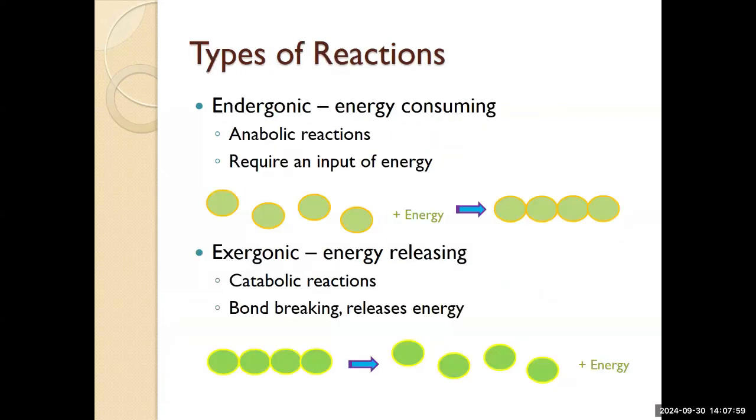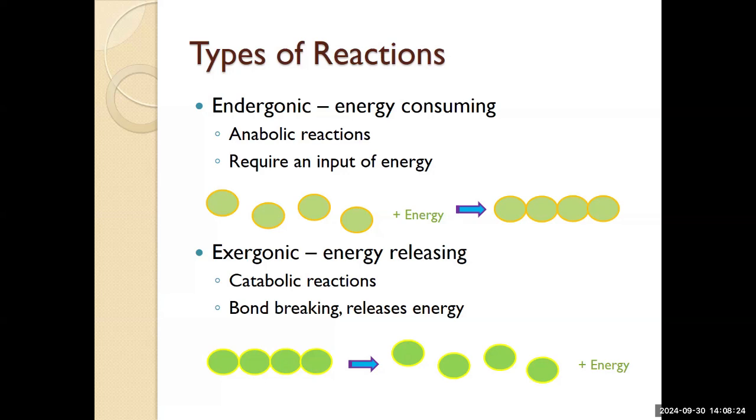But as we are just starting out, our big focus will be on classifying reactions as those that give off energy or consume energy. And so we've already mentioned the terms anabolic and catabolic, but now we're tying them to energy. Endergonic reactions, think endo, within, are energy consuming reactions.